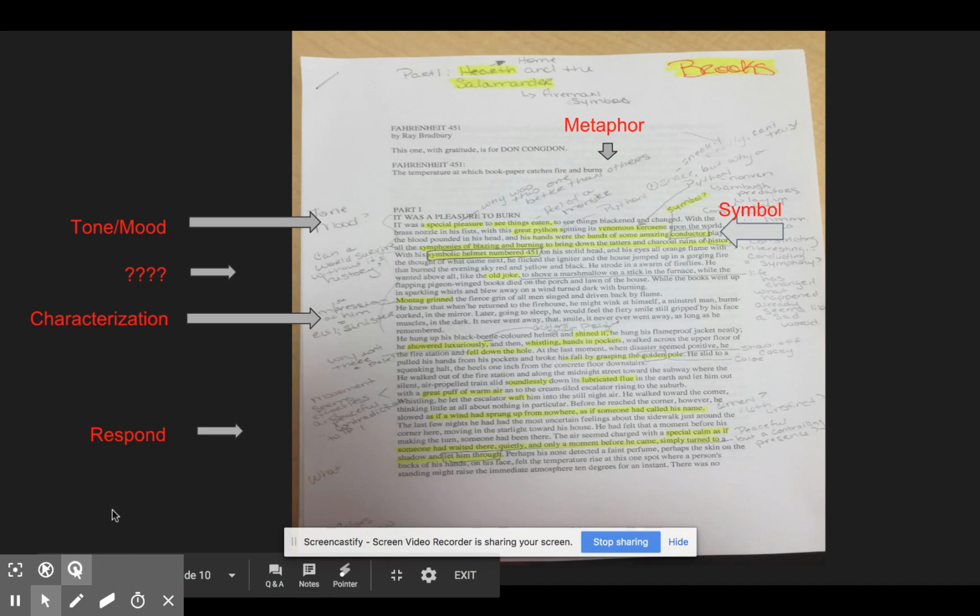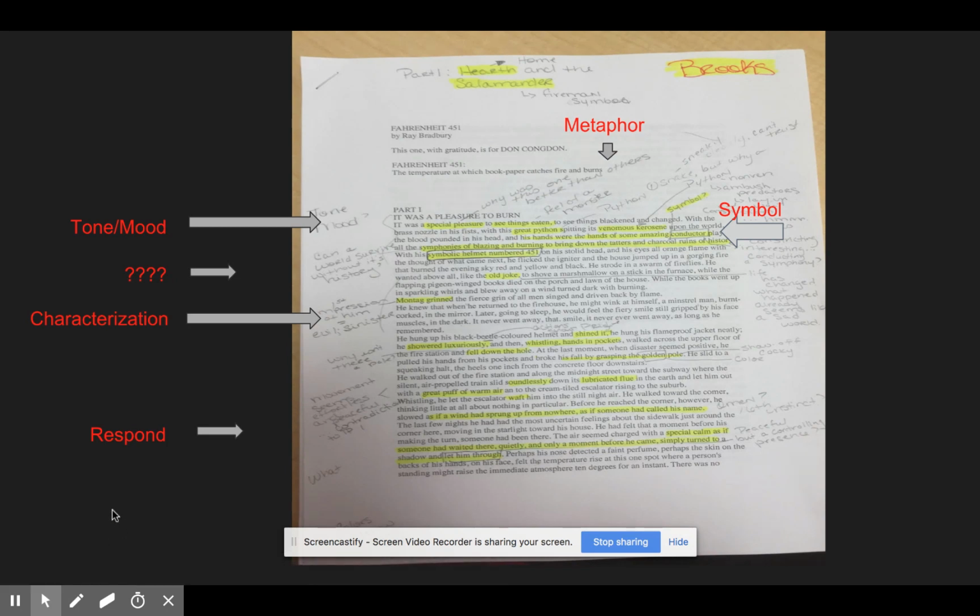This is kind of what highlighting and annotating should look like. Look at all the writing, the connecting with it, and not as much highlighting, but for every highlight, there has to be an annotation.